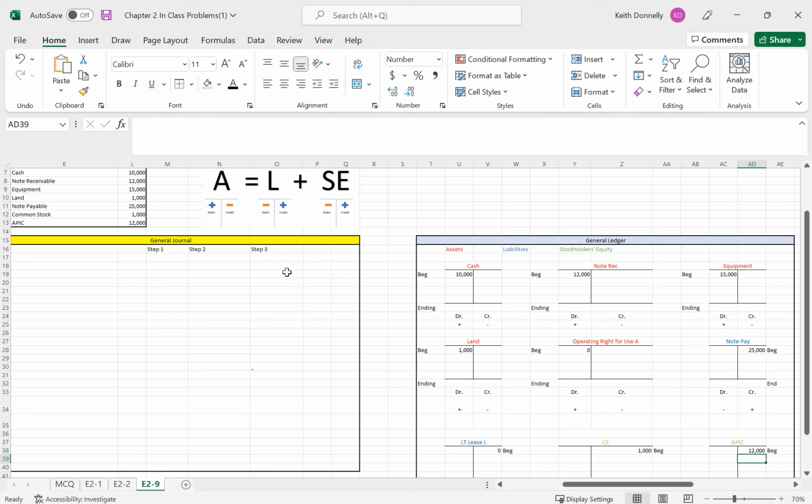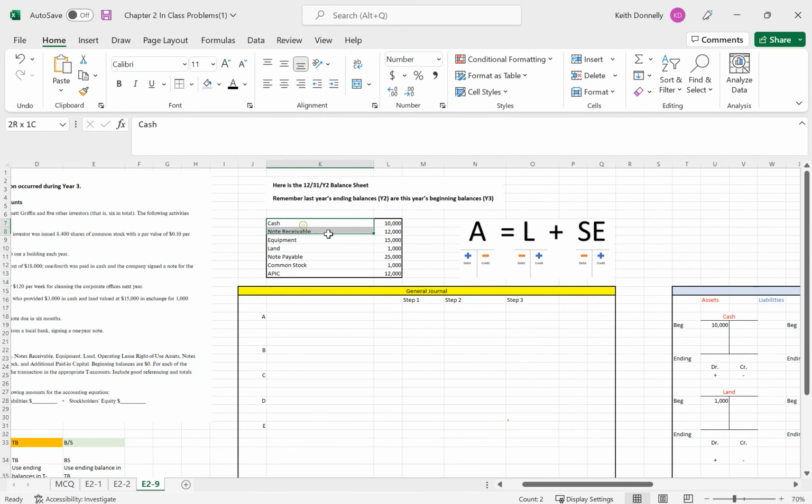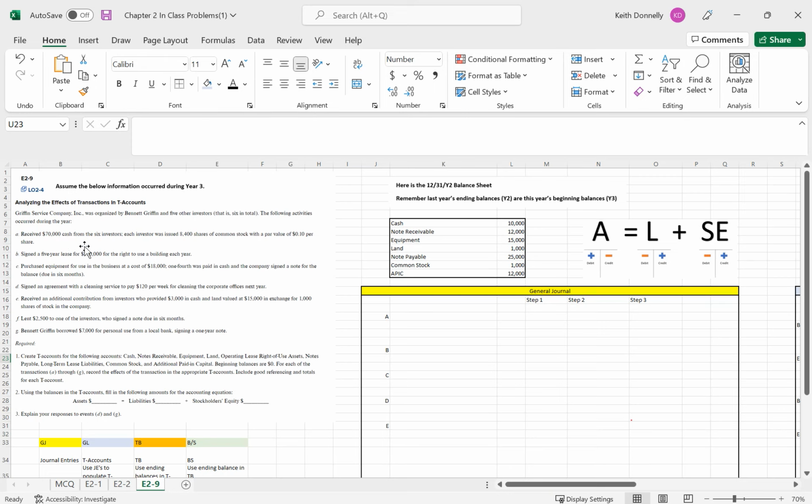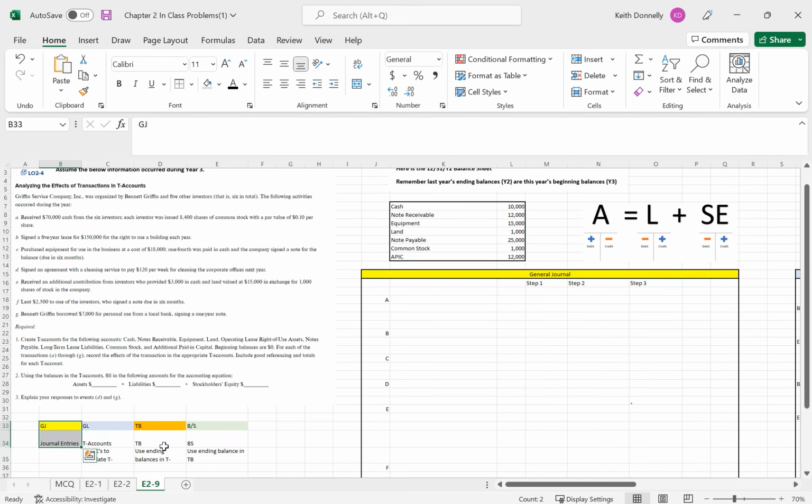So we're just teeing this up a little bit to see what it would be like in practice. Imagine that at the end of last year, this is where we stood. Our ending balances are this year's beginning. And then during the year, these events happen. So let's look at this now at the general journal and do some journal entries.